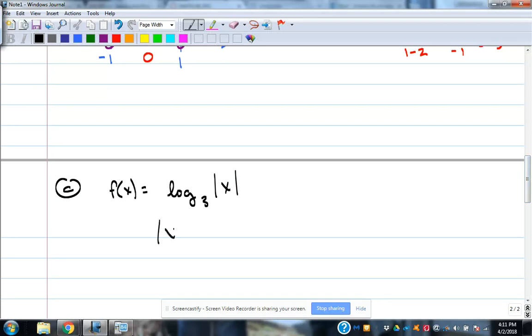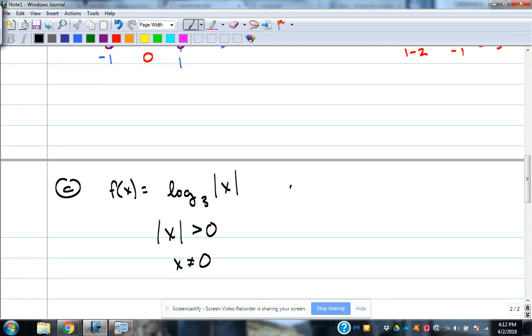That absolute value, when is it greater than 0? When x isn't equal to 0, right? The only thing x can't be for that to be true is x cannot equal 0. That's the only thing that doesn't work in that setup.